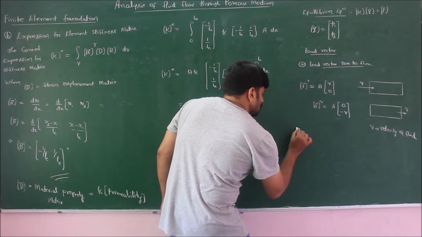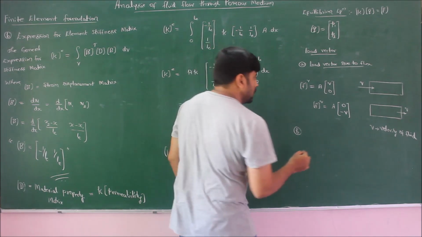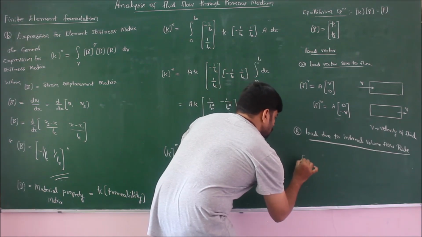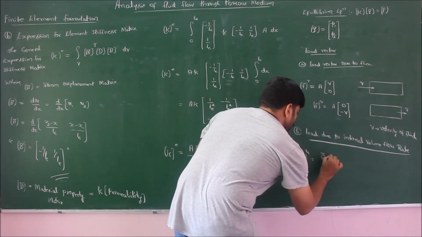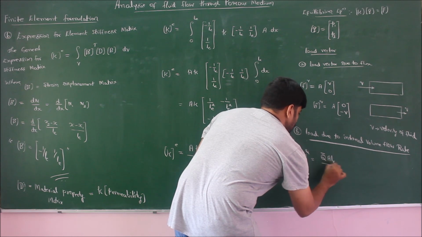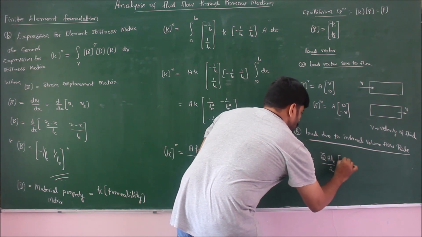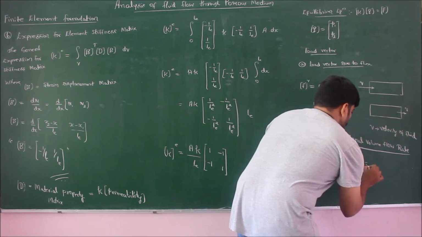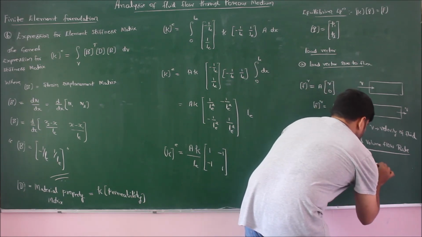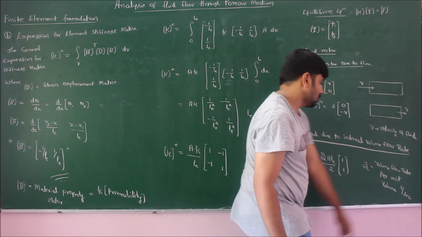Now coming to internal volume flow rate, the load vector due to internal volume flow rate is given by Q bar times area times length of the element divided by 2, times 1 1, where Q bar is the volume flow rate per unit volume. Its unit is per second.